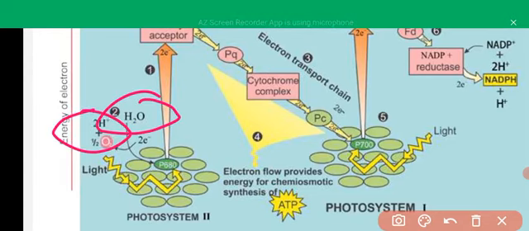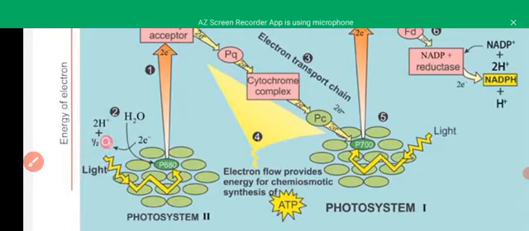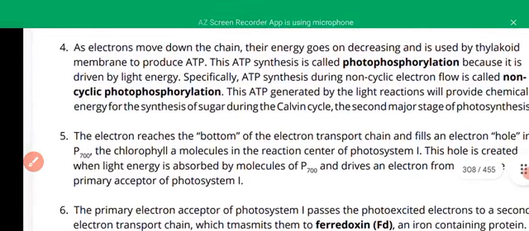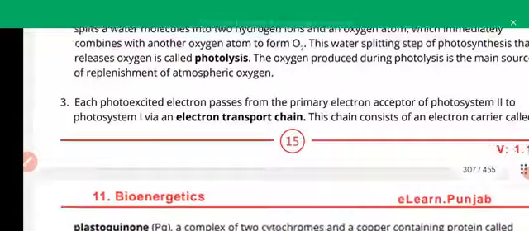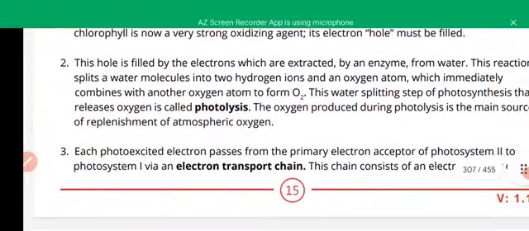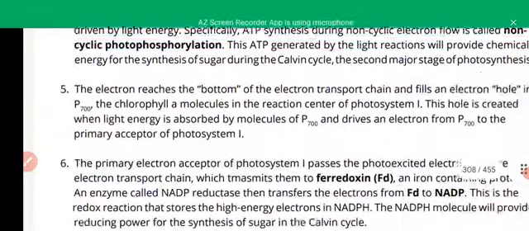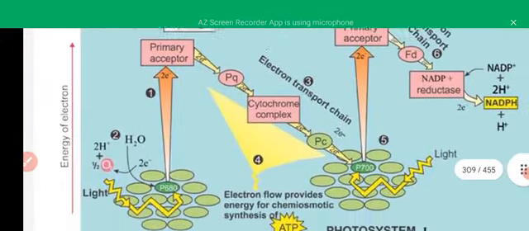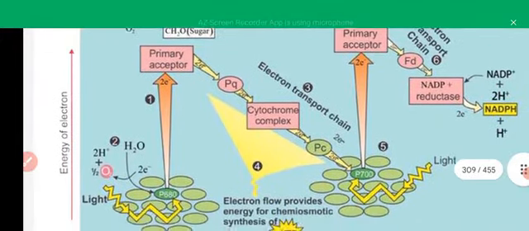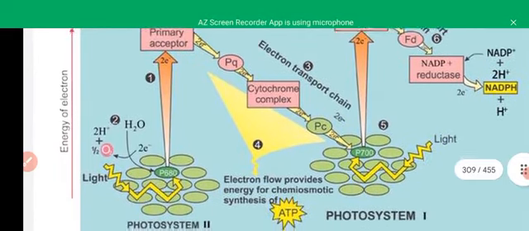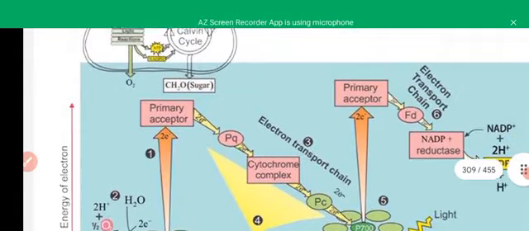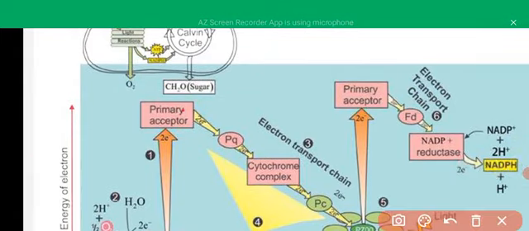The water splitting step is called photolysis, and oxygen is released in it. Then the electron, at a higher energy, goes downward and decreases in energy, and this energy is used for the formation of ATP. It passes from the primary electron acceptor to plastoquinone, then the cytochrome complex.